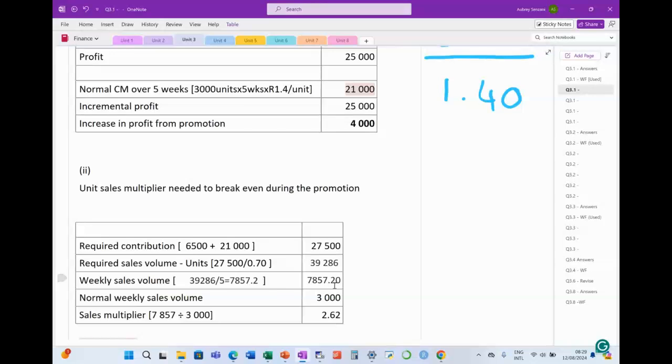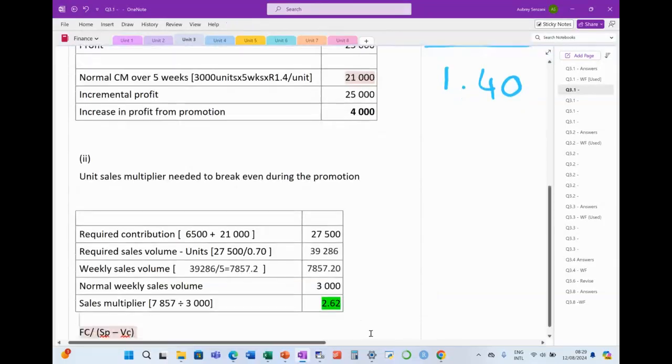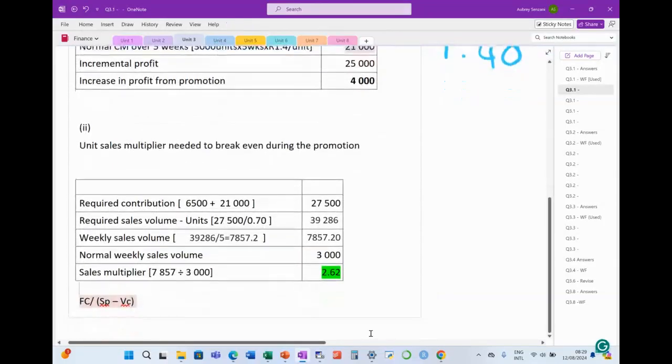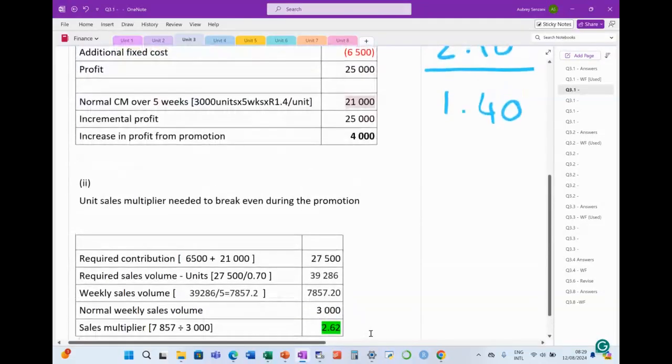And here I see they rounded it off to the nearest rand in your textbook, but yeah, we got a small 20-cent difference there. So ultimately, this should be your final answer. That's 2 rand 60. Everybody happy? Everybody happy with that one?